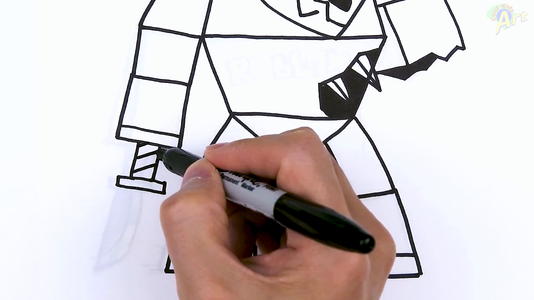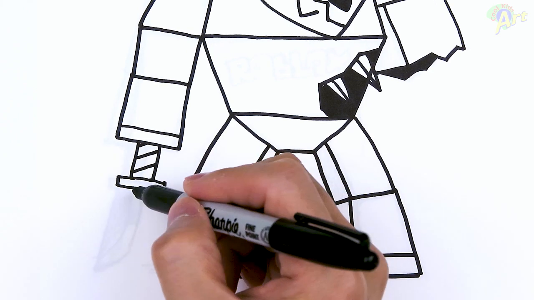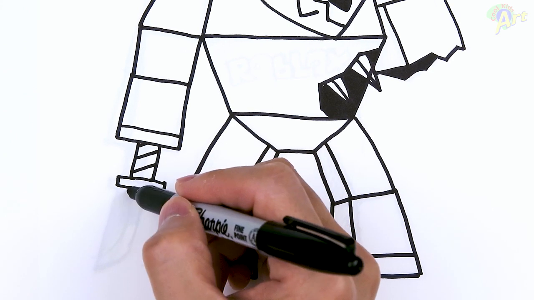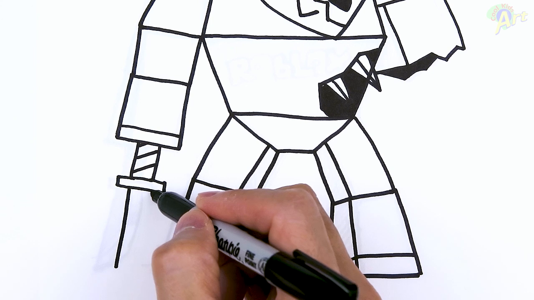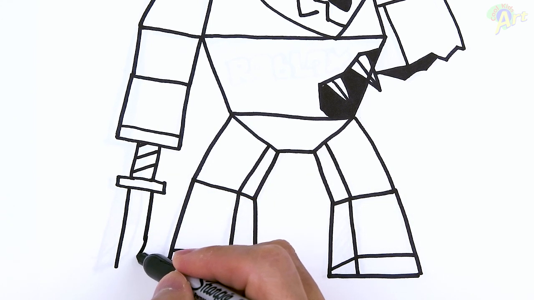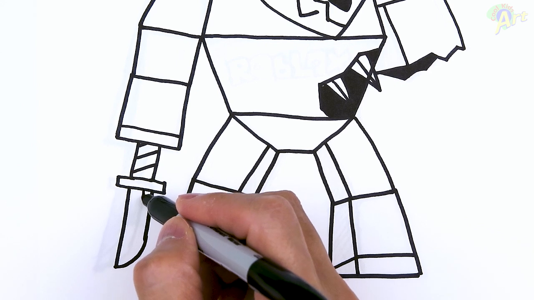Add a slant. Okay, and then now for the dagger, just continue this slant right here. Come all the way down. Same thing here. Come down, stop a little bit short, and just round it out. And we can add one little line here, just follow the outside line.